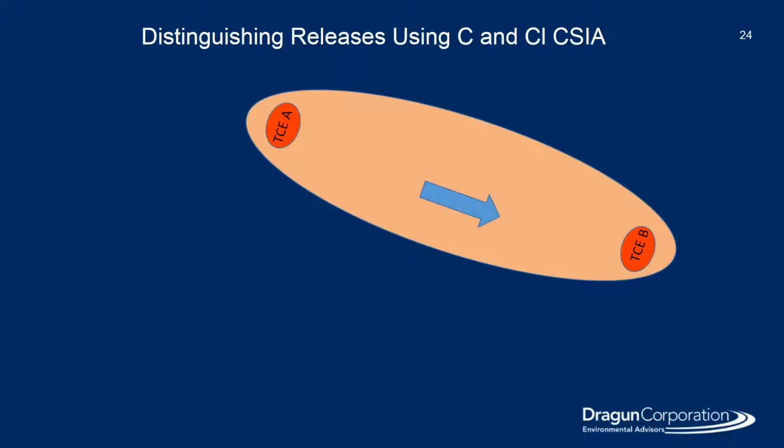So if we assume TCE-B originated from TCE-A, and we take some groundwater samples from up gradient and down gradient, the travel time for up gradient samples is shorter than the travel time for the down gradient samples.